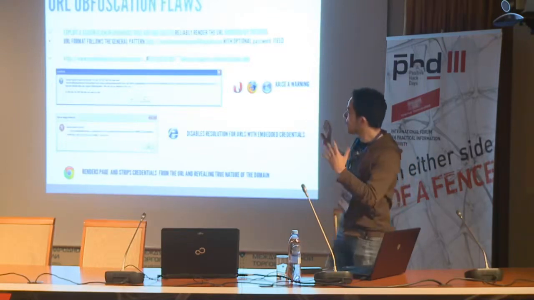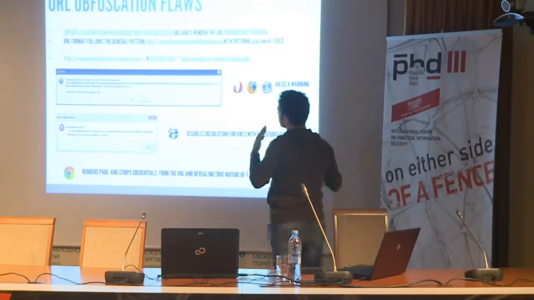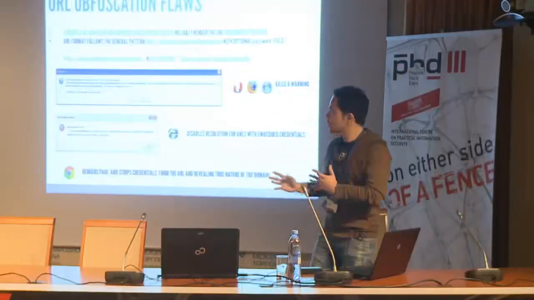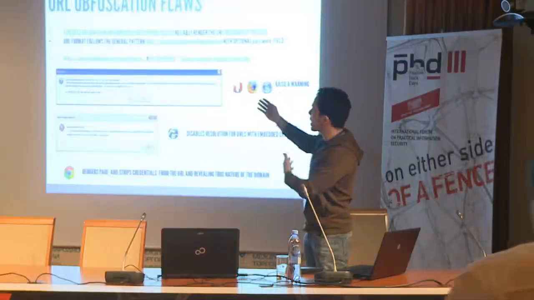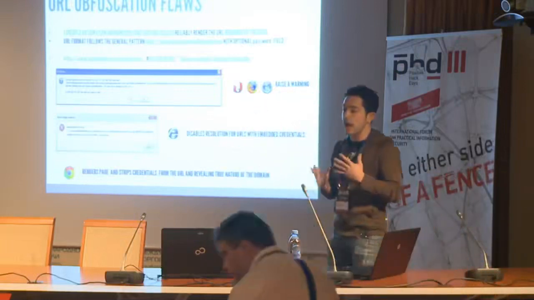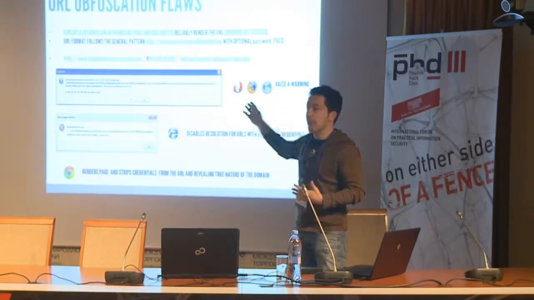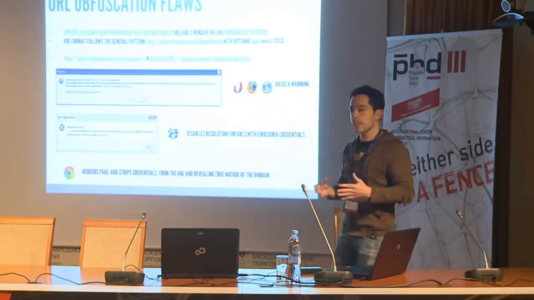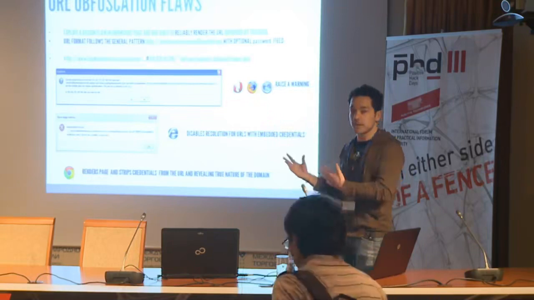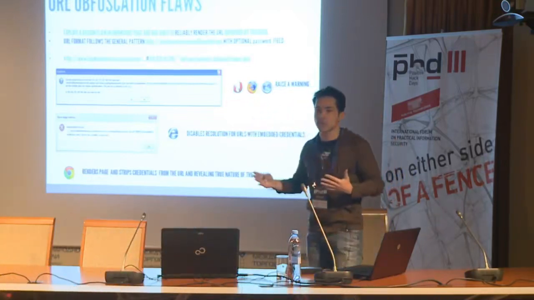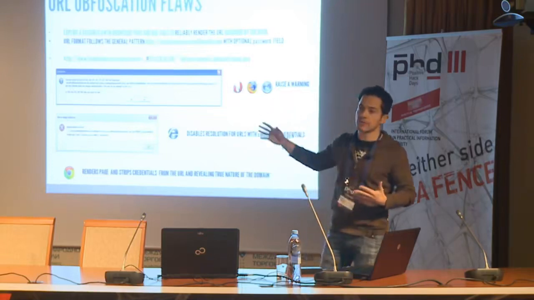When a user is tricked into clicking a URL like this, there is basically a gap between the user's perception of the URL and the browser's parsing of the URL, because the user is led to believe he's going to visit bankofamerica.com, but actually the browser, after parsing, resolves navigation to that IP. And only the latest versions of browsers patched this vulnerability by raising a warning like this, asking, are you sure you want to visit that IP? Or maybe you are a victim of a phishing attempt.